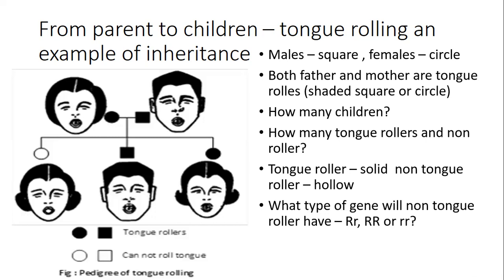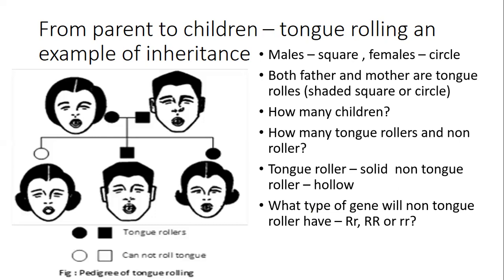What type of gene will a non-tongue roller have? What is the combination of the alleles? Is it capital R capital R, capital R small r, or small r small r?